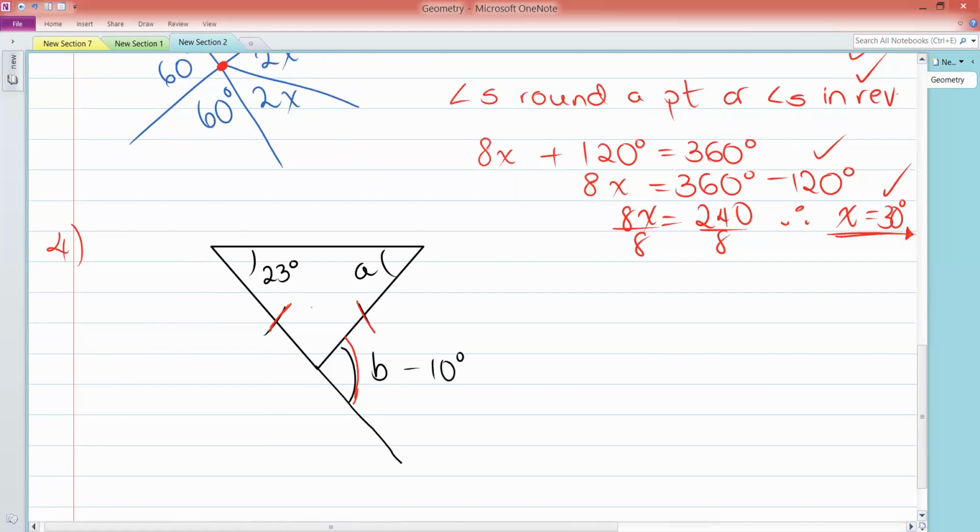equal. So since we have two equal sides, what type of triangle is this? Isosceles. Right, so it's an isosceles. What would A then be equal to? 23. Right, now what's the reason for that?